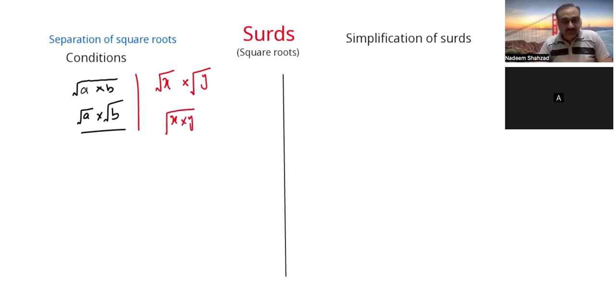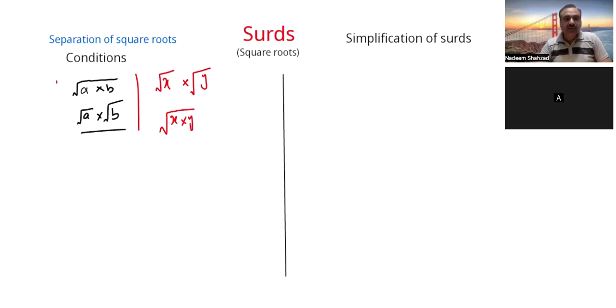If we have two terms combined under a square root, we can separate their square roots. And if we have separate terms with square roots, we can combine their square roots. Under what condition can we separate or combine square roots? Number one, when they are multiplying to each other. That was your first condition.